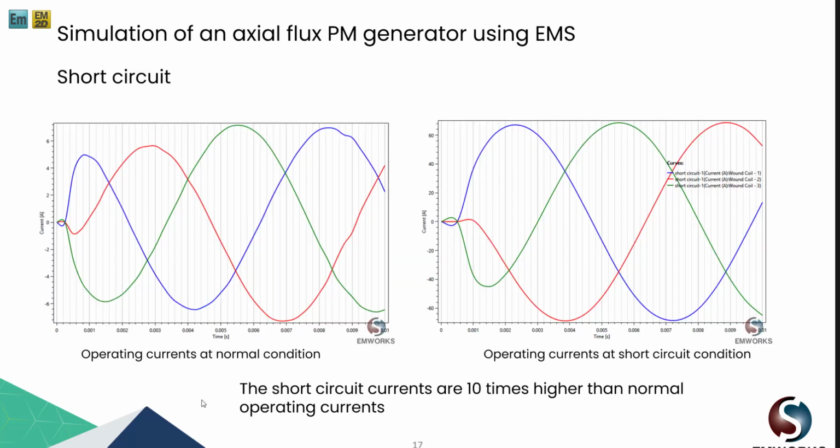This is the short circuit using EMS. This is the current, and this is the operating current at short circuit. And of course, the short circuit currents are 10 times higher than at operating conditions. This is around a maximum of 6, and this is more than 60.